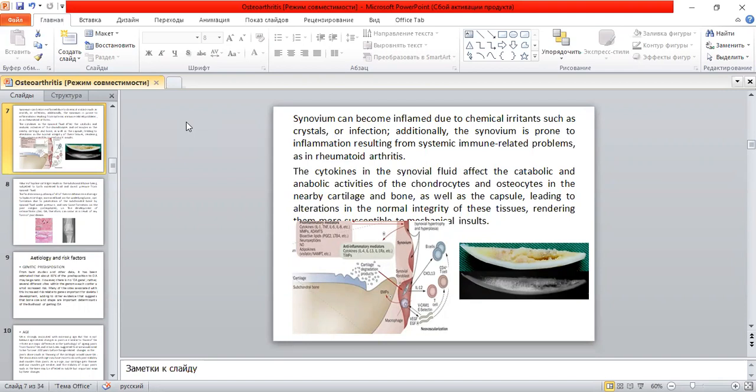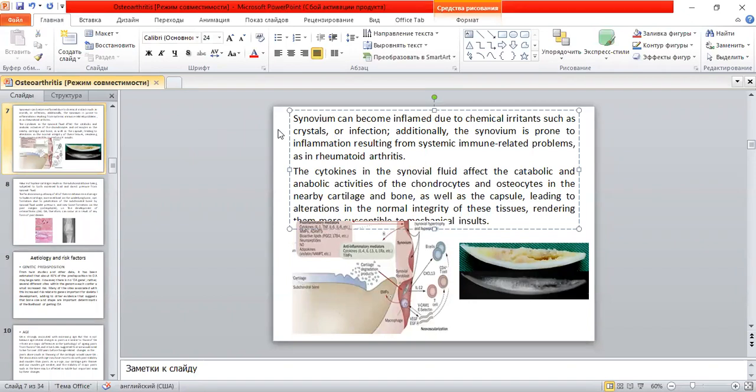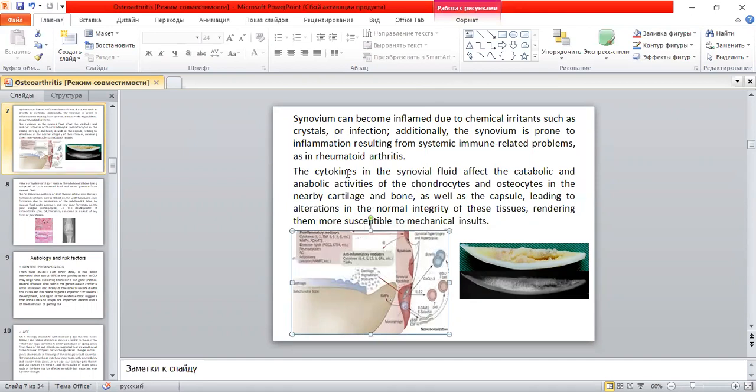The cytokines in the synovial fluid affect the catabolic and anabolic activities of the chondrocytes and osteocytes in the cartilage and bone, as well as the capsule, leading to alteration in the normal integrity of these tissues, rendering them more susceptible to mechanical insults.